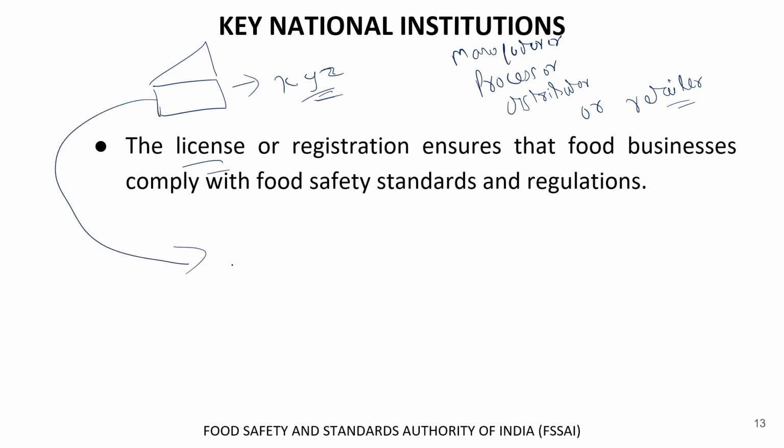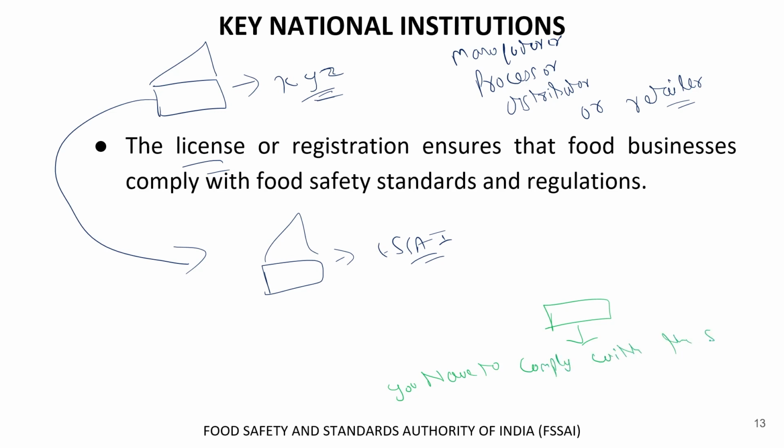When you go to the authority, which is known as the FSSAI, you are asking for the license, which is granted to you on one condition: you have to comply with the standards of food security and follow all the regulations for food safety.